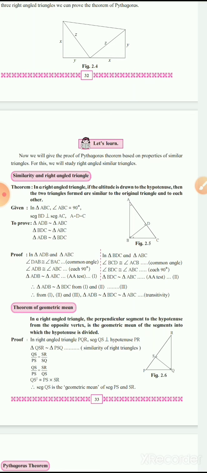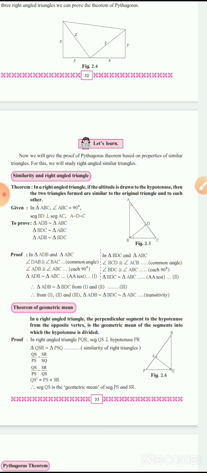So with the help of the AA test, the angle test of similarity, these two triangles are similar to each other, meaning triangle ADB is similar to triangle ABC. Here the reason is the AA test of similarity. This is statement number 1. In this way we have also proved.